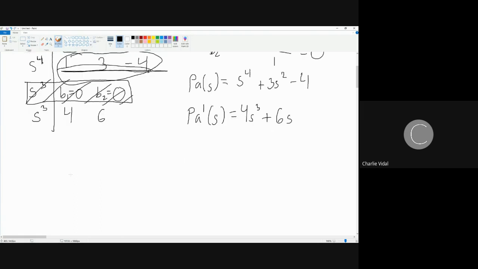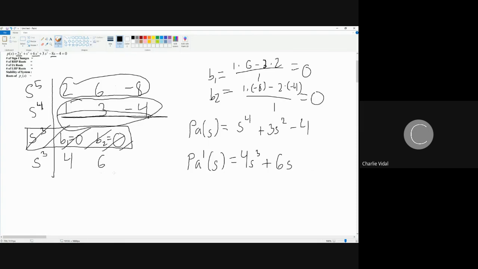Now we can carry on with the other values. So we're going to find s squared now. I'm actually going to rewrite this row just so it looks a little bit better. 1, 3, and negative 4. And now you guys can see the row a little bit better when I try to find these numbers.